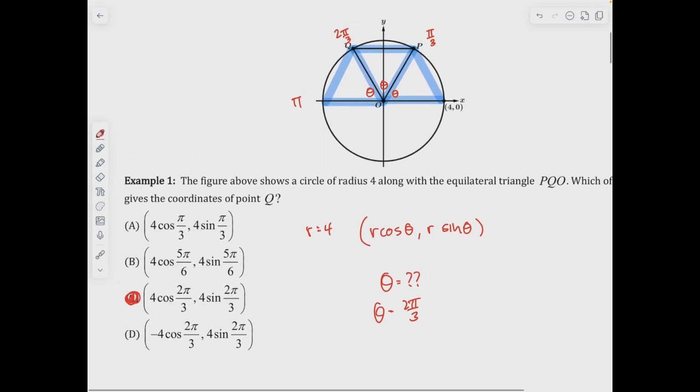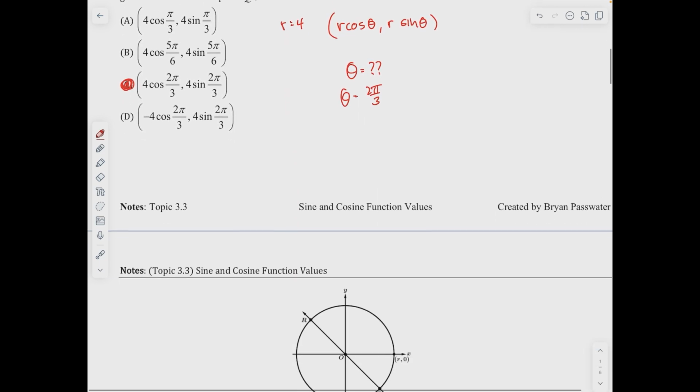From an angle point of view, pi over 3 would only leave you in quadrant 1. 5 pi over 6 would take you a little too far, at 150 degrees. And negative 4, we haven't talked about negative radius yet, but we'll talk about that afterwards. So that would be letter C.